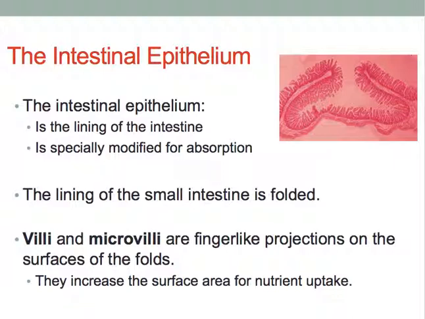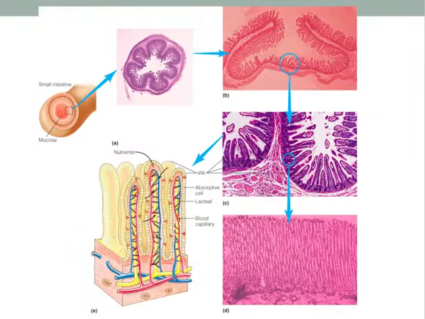It's very folded with finger-like projections, both villi and microvilli, which increase the surface area for nutrient uptake. Virtually all the food and nutrient absorption occurs here, and most of the nutrients pass from the intestine into the body through a process of diffusion.